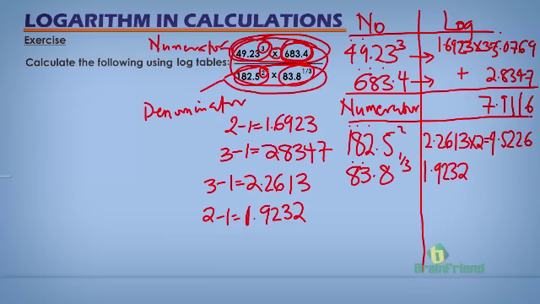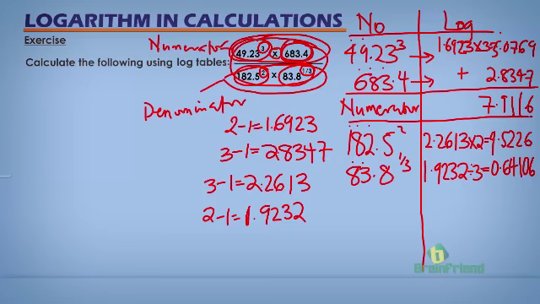Also notice that our number is raised to a power 1 over 3. It therefore means that the logarithm that we found just now would be multiplied by 1 over 3. 1.9232 multiplied by 1 over 3 is simply another way of saying 1.9232 divided by 3. So if we worked this out, we would have 0.641 and so on.